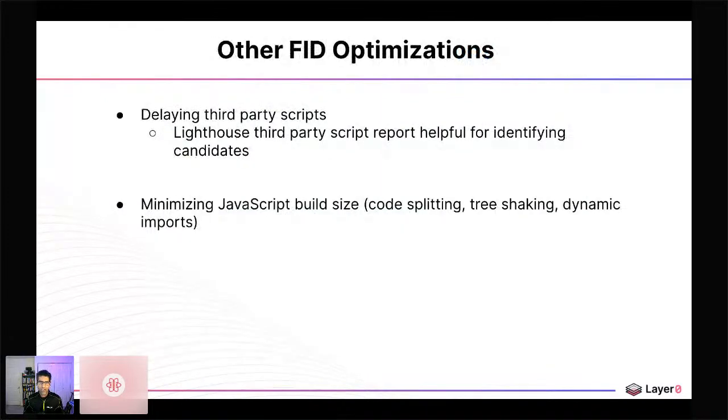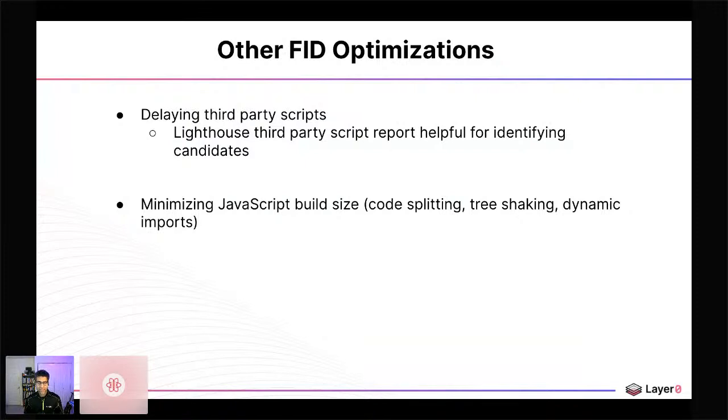Some other quick FID optimizations. Very often, it might not be the JavaScript you've written yourself, but third-party marketing scripts that have been added, often through a tag manager, that are causing excess FID. Lighthouse has a great third-party script report that's helpful in identifying candidates you might want to delay or defer, and you might want to delay them till after TTI if you can.